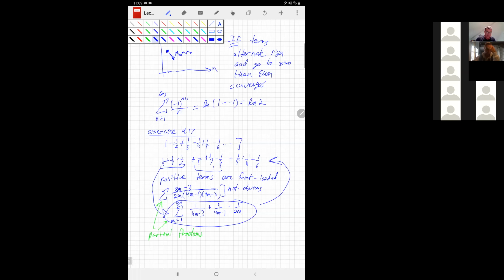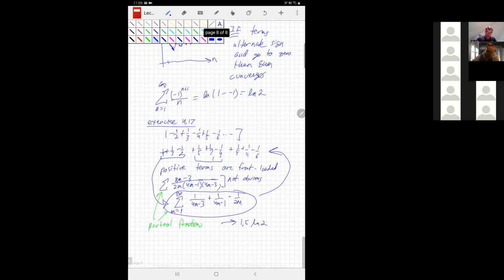And because we front-load it, because we have more positive terms showing up more frequently, this thing is not ln 2, it's 1.5 ln 2. And the reason I'm mentioning this is because these types of series, which only converge because of the alternating sign, series that would diverge if the sign weren't alternating, those series are dangerous.